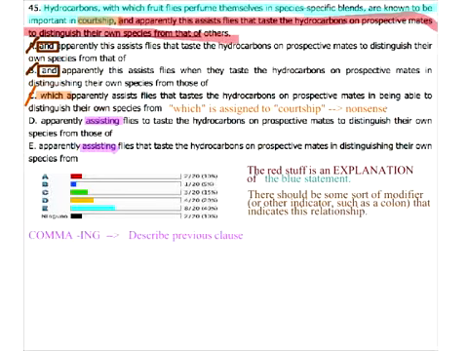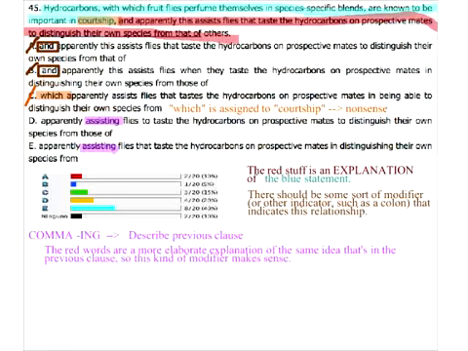So the red words are a more elaborate explanation of the same idea that's in the previous clause. So this kind of modifier makes sense. And it's a good thing it does, because the other two kinds of modifiers make no sense. Okay.